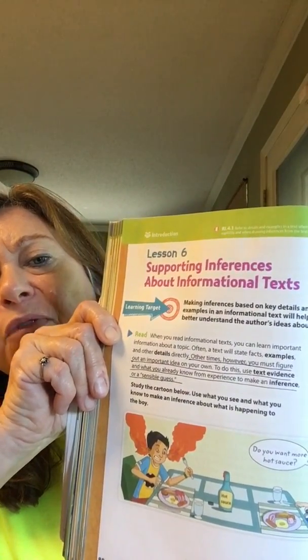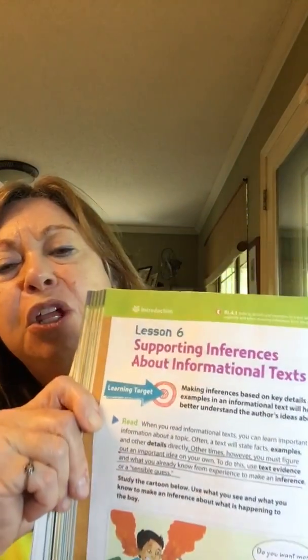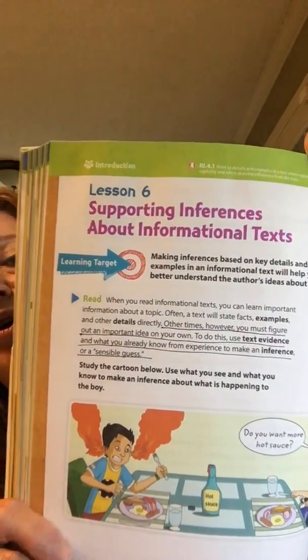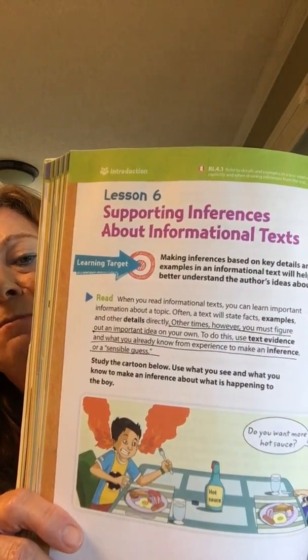inferences about informational texts. You can see some things that I underlined that you probably underlined at the beginning of the year, or if you haven't, look over there. It just sort of explains again what inferences are. It says that many times when you're reading information, the main idea will be stated directly, but this is what I underlined.